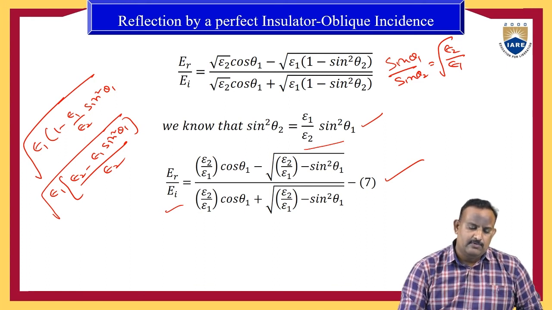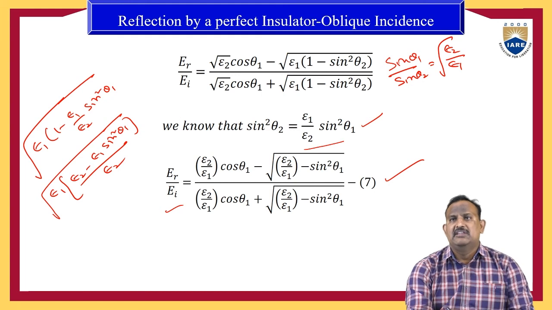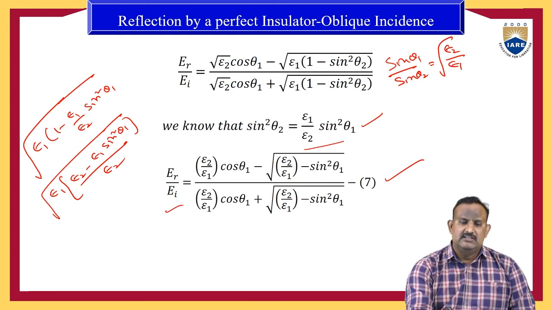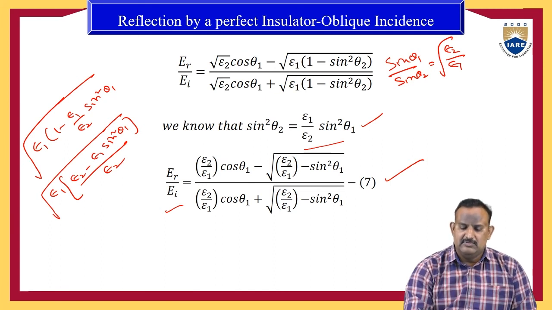Therefore, if you multiply the complete equation, it is sin square theta 1 in place of sin square theta 2.